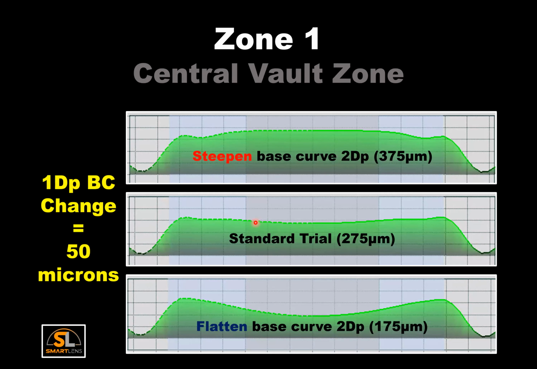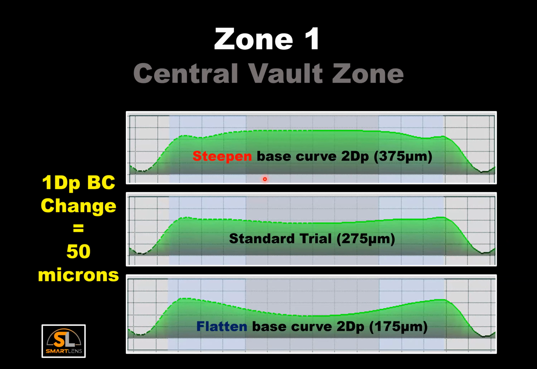In that zone, you can alter the sagittal depth in your trial set. You can go up or down by 200 micron increments, or you can also alter the base curve. So if this is my standard trial lens and I want a small 100 micron adjustment, I can steepen the base curve by 2 diopters, and that will increase the sagittal depth 100 microns.